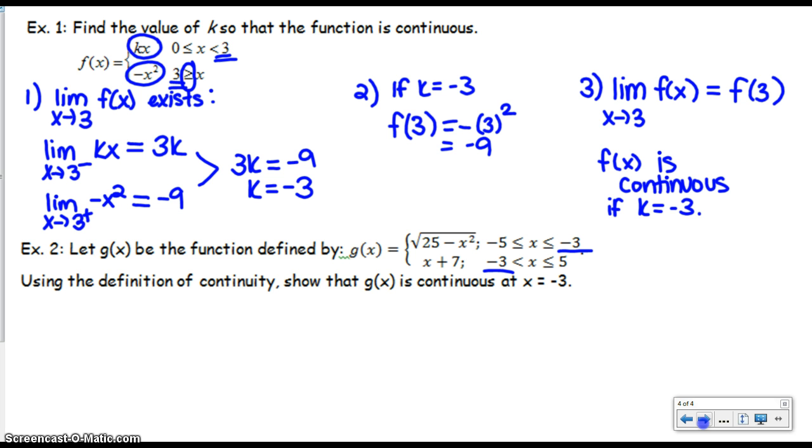So we're going to go through the same 3 steps. We need to first prove that the limit as x approaches negative 3 exists, and we're going to have to do that using a left and a right-hand limit. So we need the limit from the left, and we need the limit from the right.